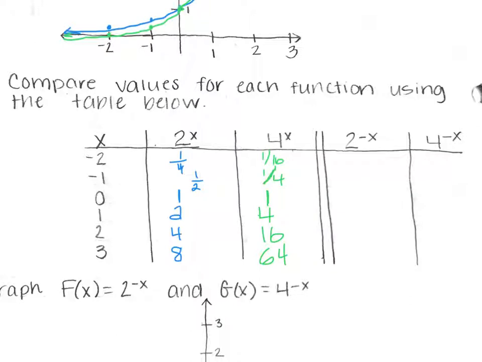So 2 to the negative 2, which would be 2 to the positive 2, that's going to be 4. 2 to the negative 1, that's going to be 2. And as always, 2 to the negative 0, or 2 to the 0, is 1. 2 to the negative 1 is 1/2. Then we'd have 1/4 and 1/8.